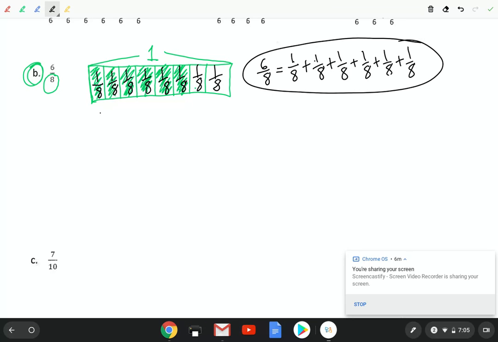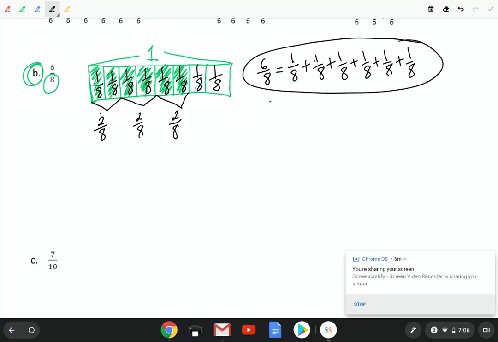We can say, well, instead of just putting the 1/8 individually, I can choose to combine 2 of them. I can say 2/8 plus another 2/8 plus another 2/8. That also equals 6/8.